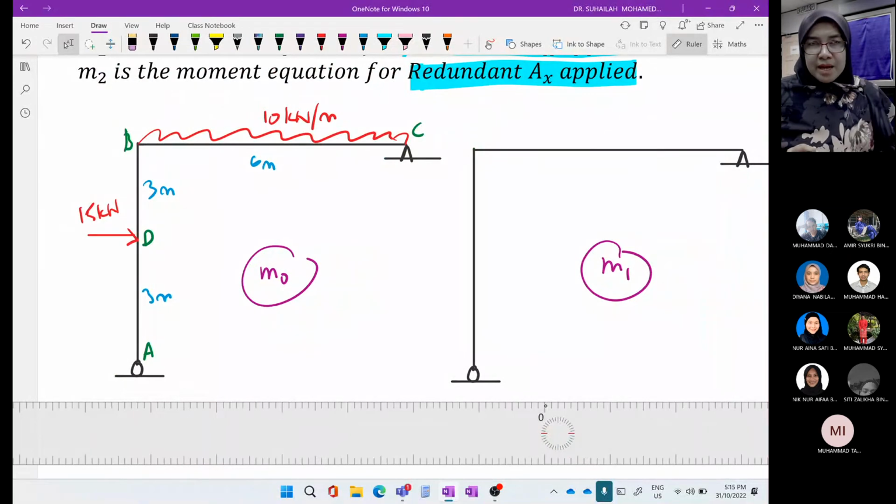It is determinate, and we can calculate the reactions and write the moment equation.